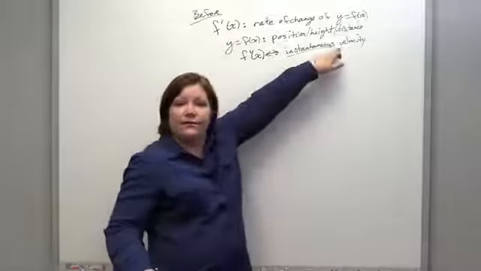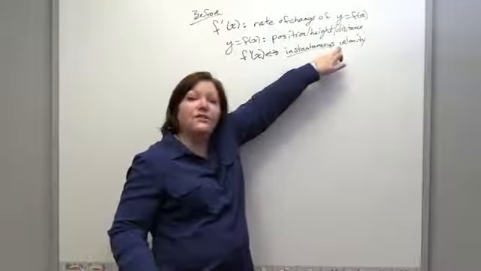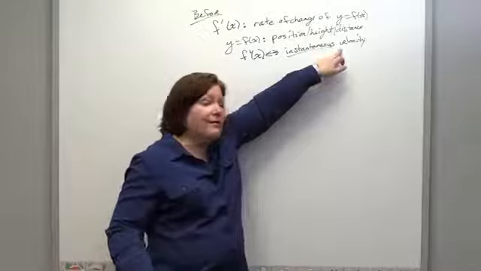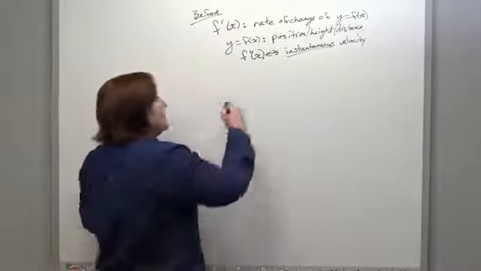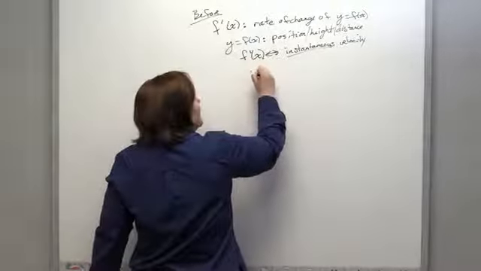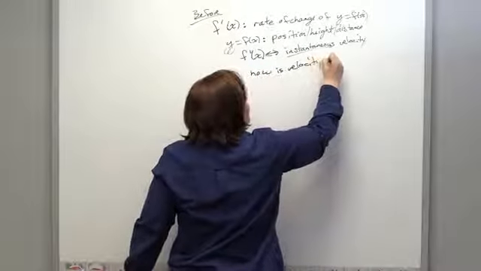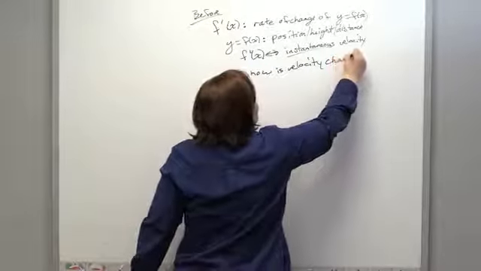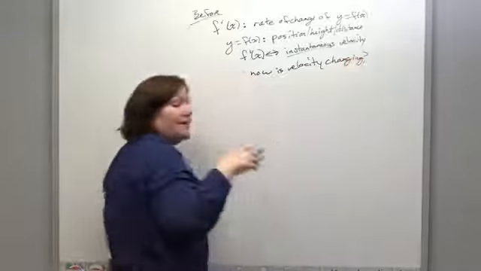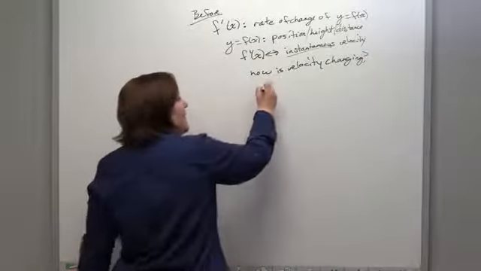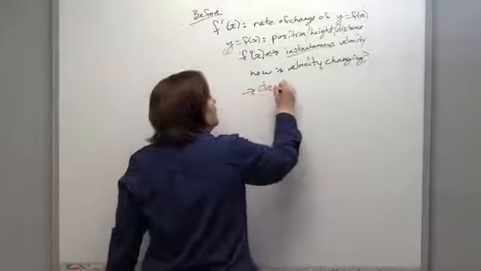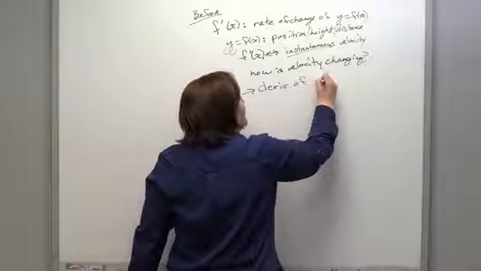So not only is the velocity important, but also how it's changing. And so we want to know how velocity is changing. In other words, what is the rate of change of the velocity? We want to be looking at the derivative of velocity.